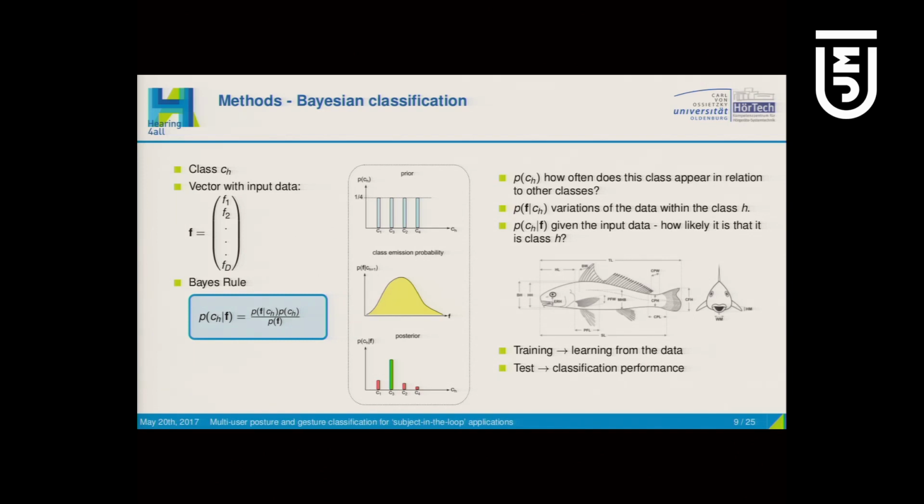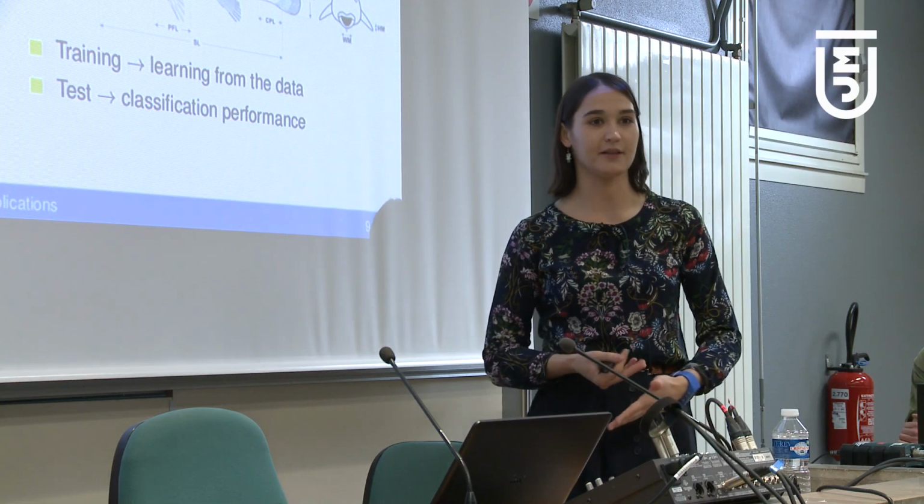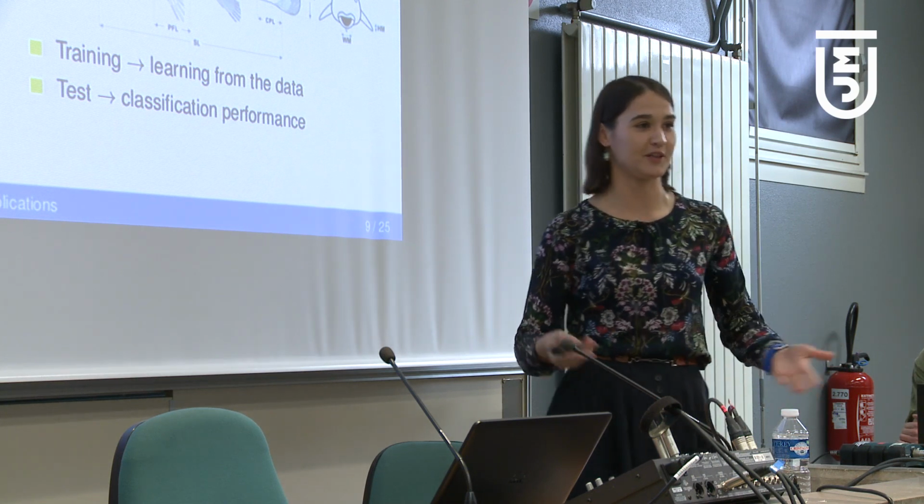Okay, and then we have this Bayes formula. And what we need to solve such a task is first the so-called prior probability, P of class C1, let's say the prior probability of a salmon, which tells us how often a certain class appears in relation to other classes. It might be that, for example, we know that the population of one fish is bigger than the population of another fish.